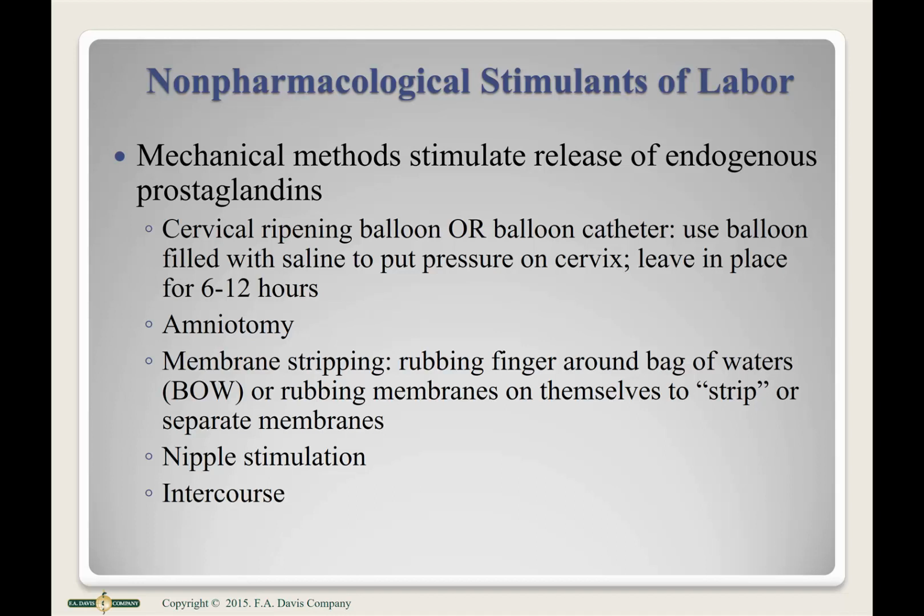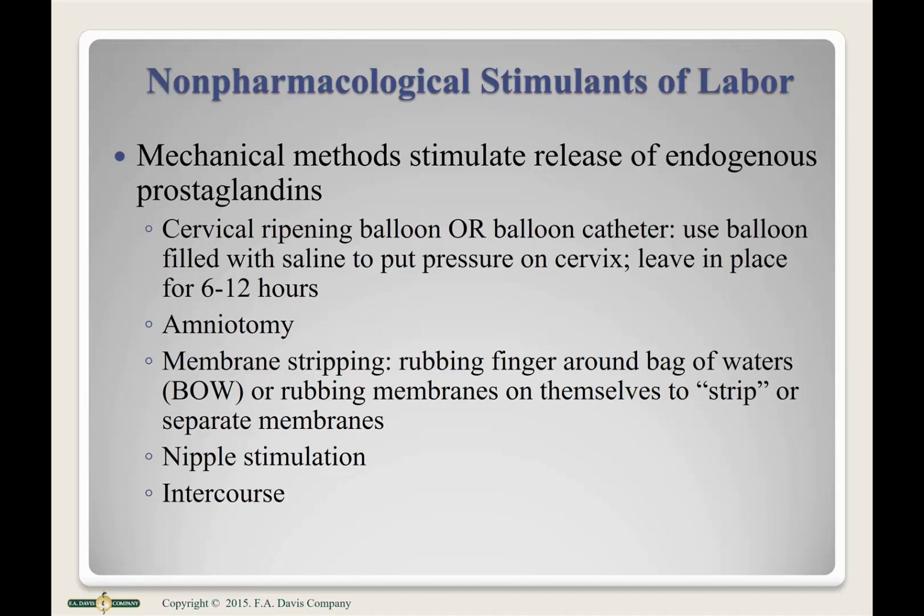Once inflated, you tug on the catheter to put tension with that balloon onto the internal cervical os, and then you tape it to the leg. That's what creates the tension.